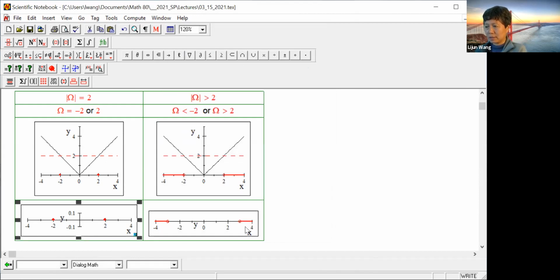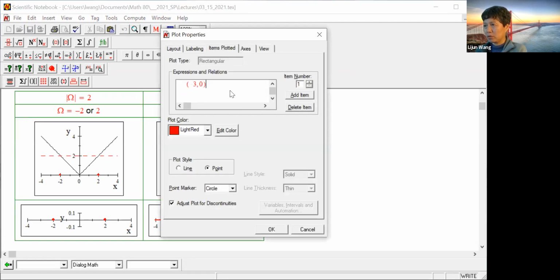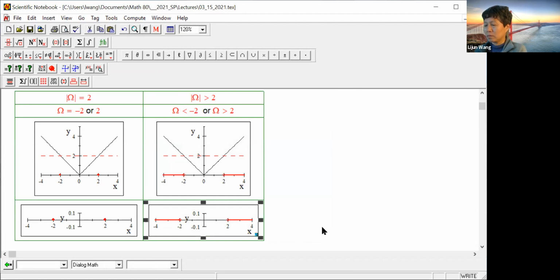And these two cases combined. Okay, just allow me to make that adjustment. So hopefully I don't confuse you in any way. Right, so these two cases combined, that's greater than or equal to 2.